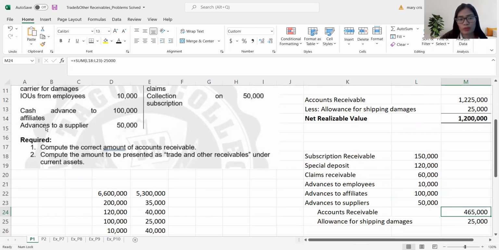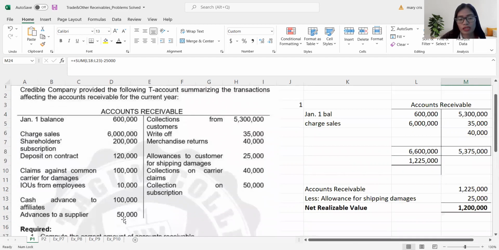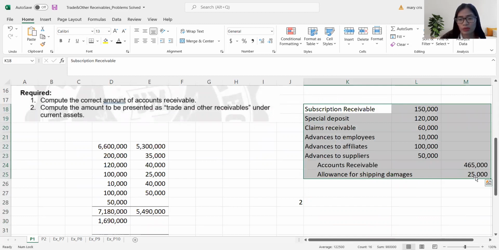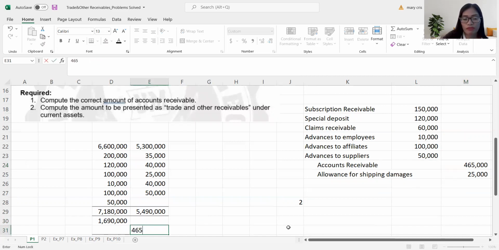Earlier we computed the records at 1,690,000. When we make an adjusting entry like this, you are actually crediting, or deducting, the accounts receivable balance by 465,000.